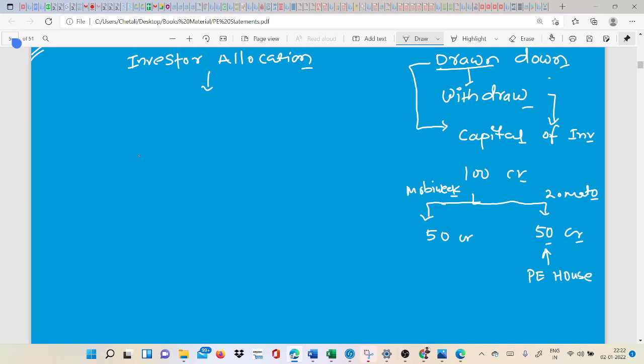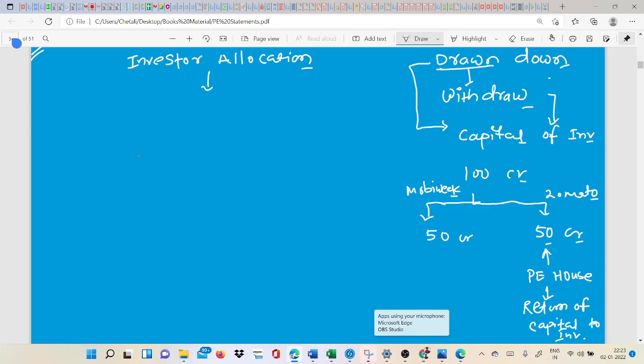And once the funds are received by the private equity house, they will have to repay this return of capital to the investor. So suppose we have processed this 50 crore to the investors yesterday, and today we are doing the accounting for this particular PE fund.